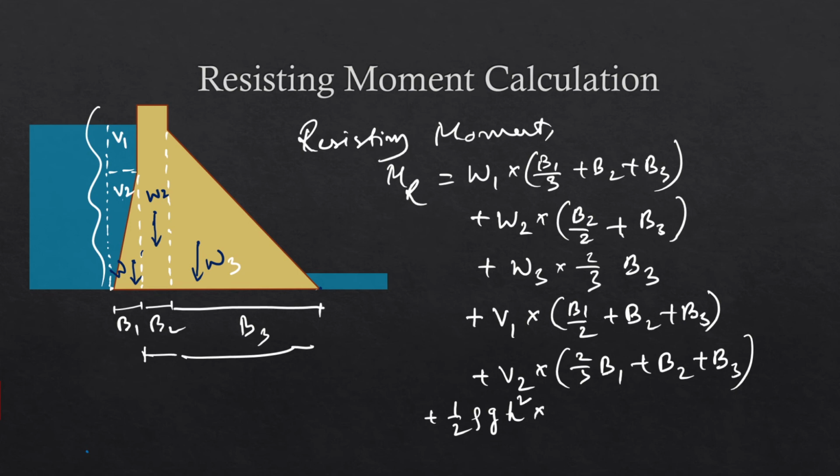Then we'll have to multiply it with small h by 3, because that's the distance of this horizontal hydrostatic pressure from the toe. It's a very small distance. h itself was very small, and this distance will be h by 3.